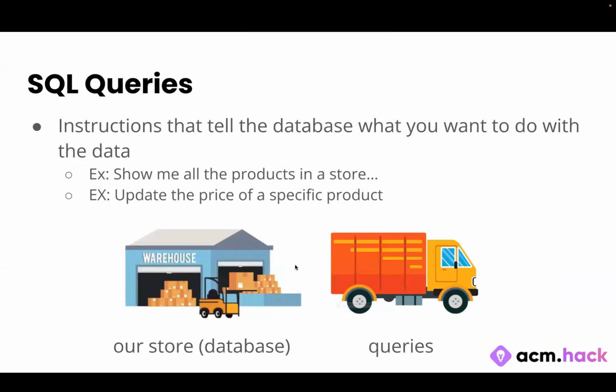In this little analogy, our query is basically like a delivery truck going from the warehouse back to us and giving it commands such as show me all the products in our store, in our case, show me maybe some specific data from our database, or update the price of a specific product, or in our case, maybe update the values of some data in our database.